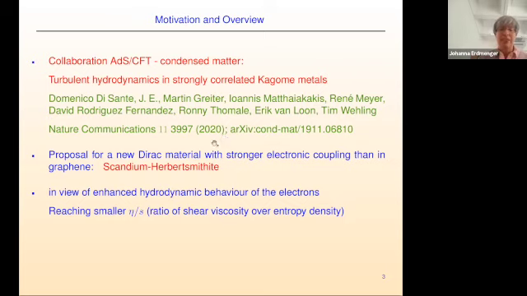So what is happening in this paper? In this paper, we propose a new material, a so-called Dirac material. I will explain to you also what a Dirac material is. It is a particular material where there is a quasi-relativistic dispersion relation for the electrons. And of course, AdS/CFT works well mostly for relativistic theories.